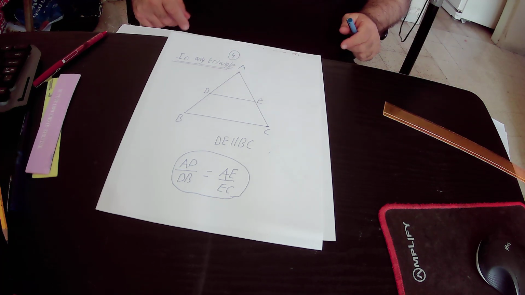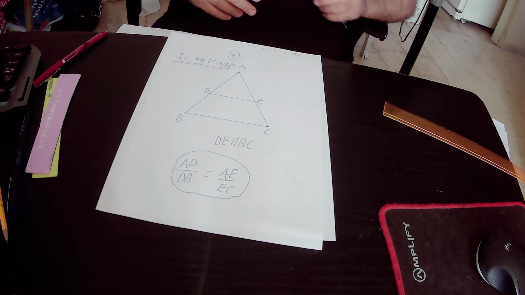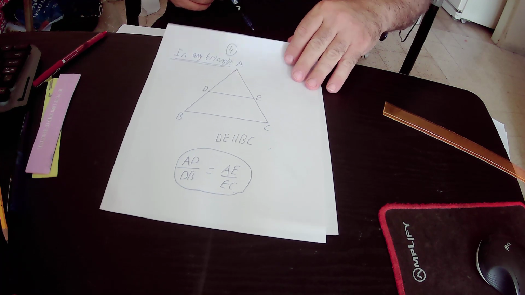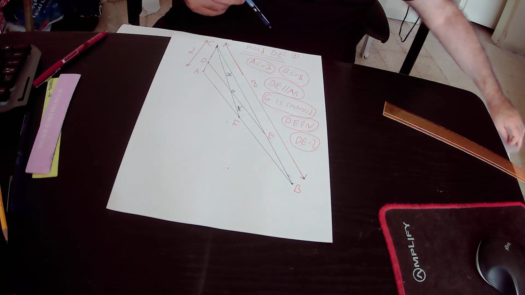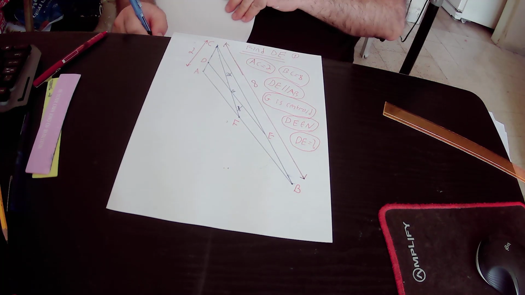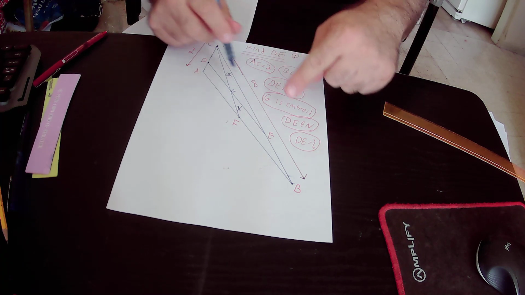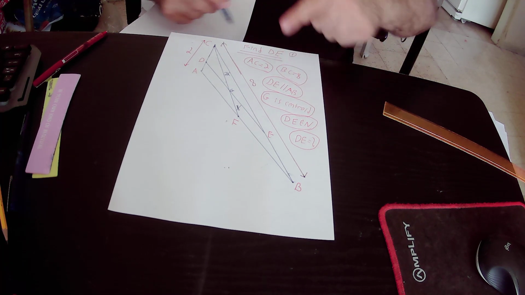And we can also implement the second rule in our drawing, because in our drawing we know that DE is parallel to AB.